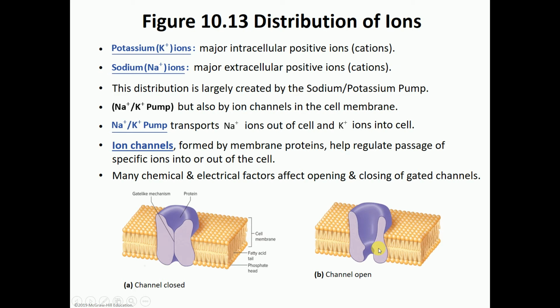These channels are specific, meaning if this channel was for sodium, it would only allow the passage of sodium. Likewise, if the channel was specifically for potassium, it would only allow the passage of potassium. So these ion channels are closed. We need to open them up in order for an action potential to occur.